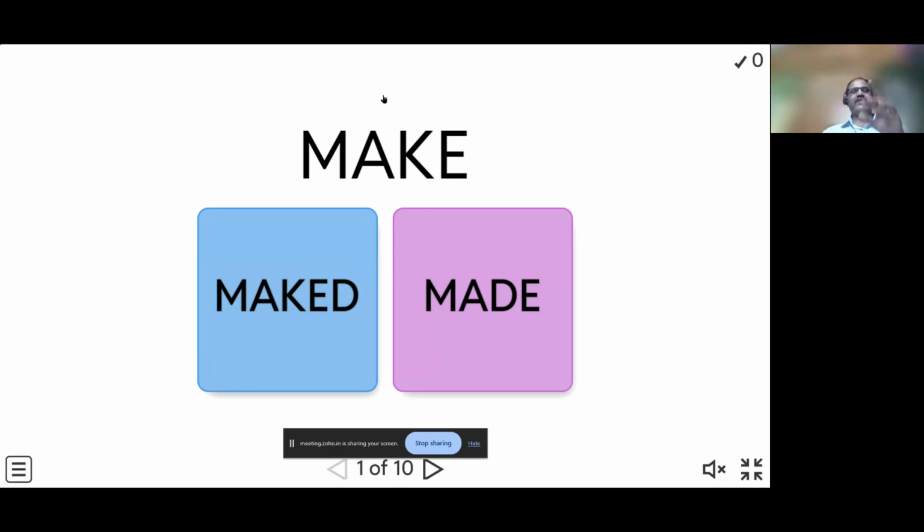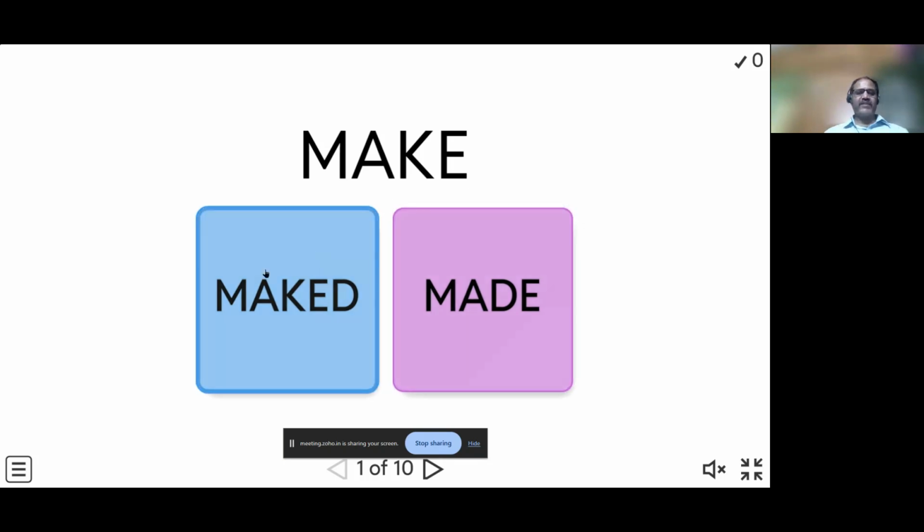We replace the y by i. Typically, if you add d, ed or ied to arrive at the past tense, that is a regular verb. Where the present tense and past tense forms are completely different, it is an irregular verb. Now, just to teach irregular verbs and their past tense, make.